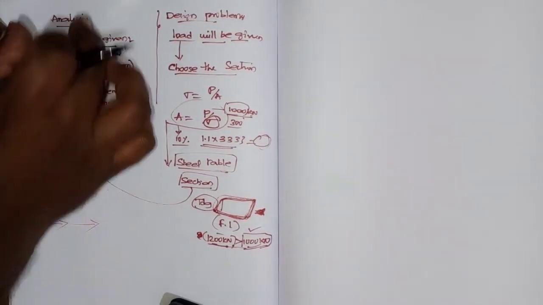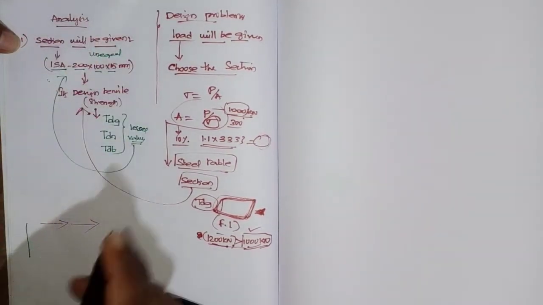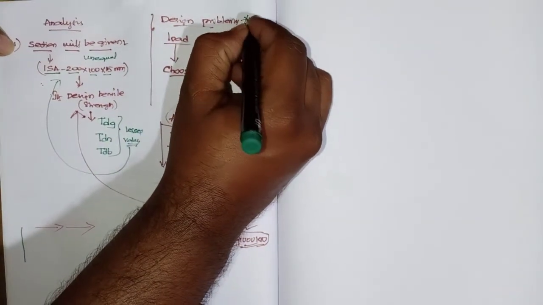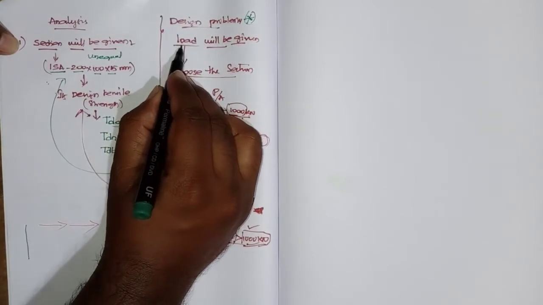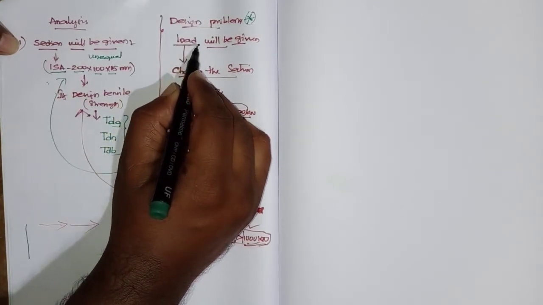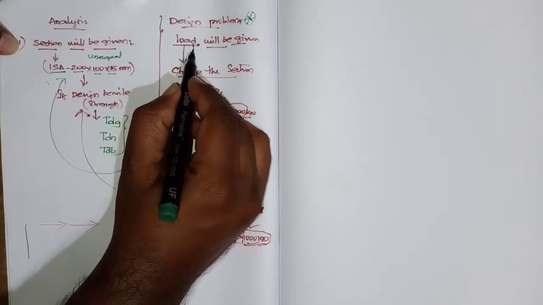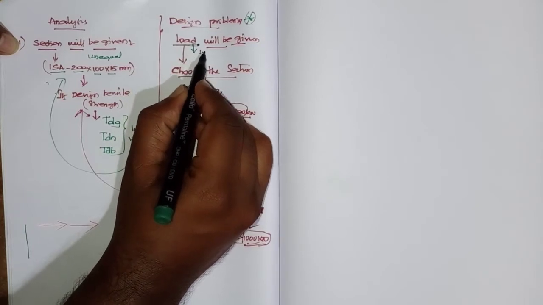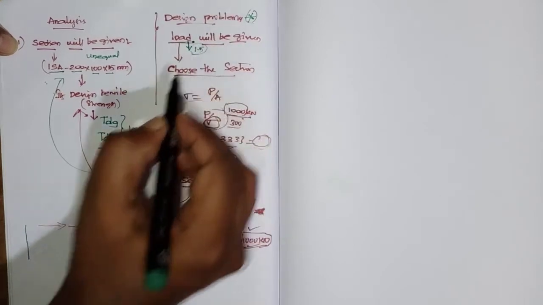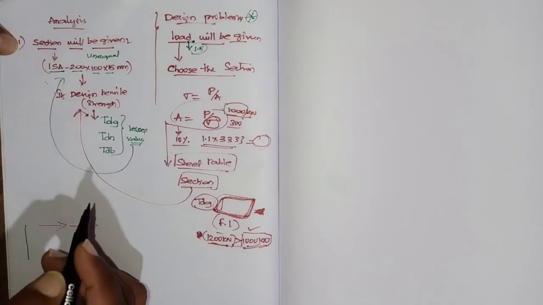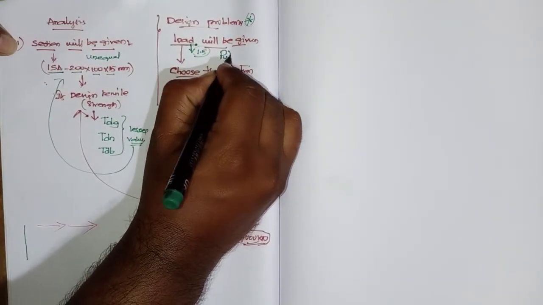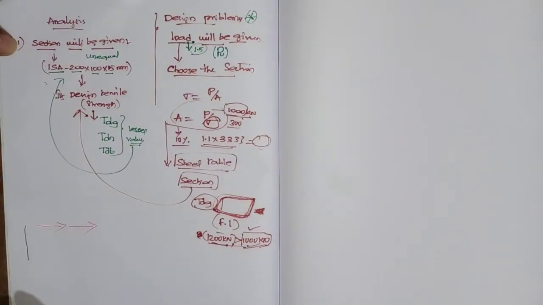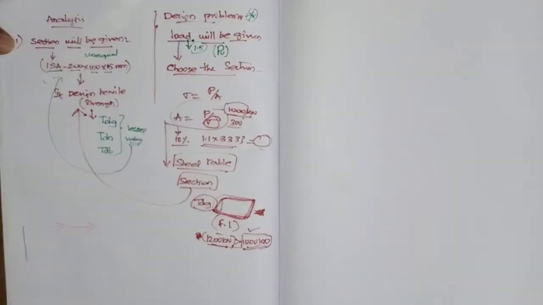This is the analysis. Coming to the design problem, a certain load will be given. You factor that load. If it is only dead load, you multiply with 1.5 and you get the factored load. For this factored load you have to choose the section.